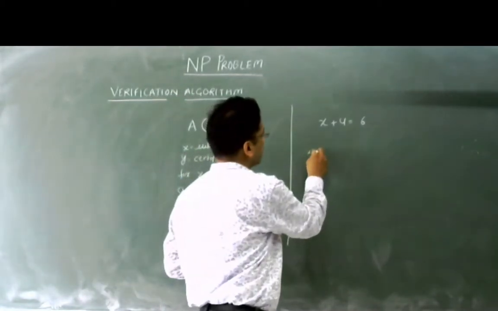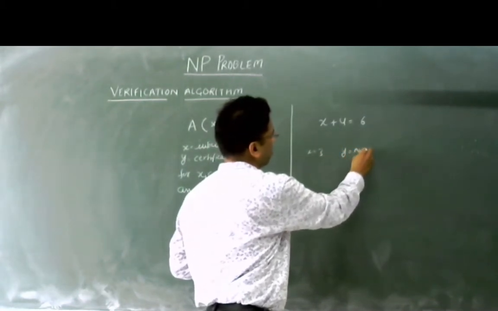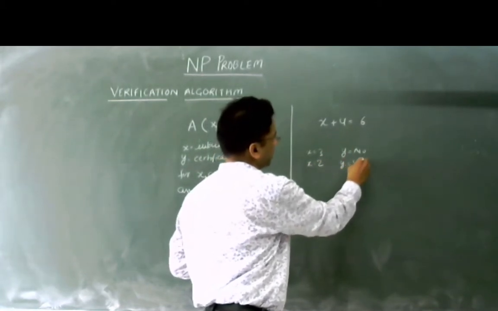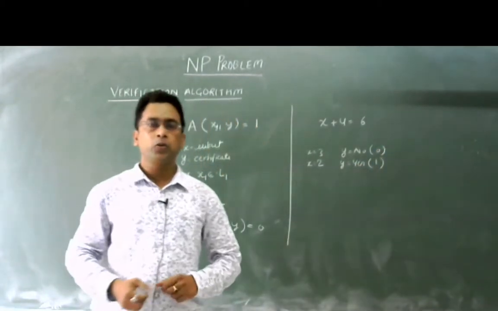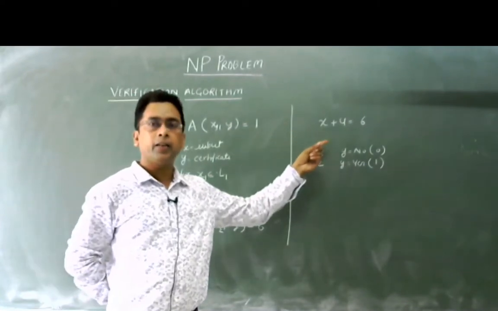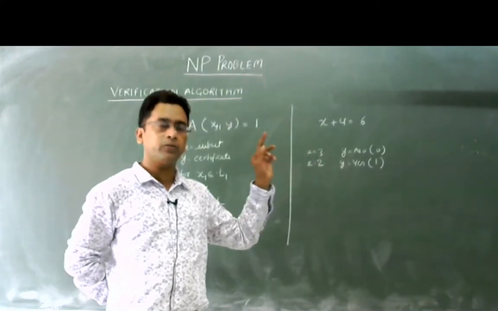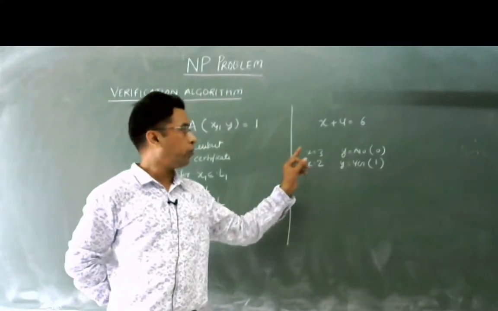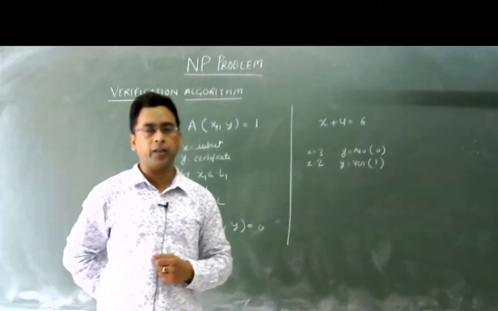If x is equal to 3, then Y would be no. If x is equal to 2, then Y would be yes, and yes would be represented by 1 and no would be represented by 0. So the verification algorithm is the algorithm which generates certificate value 1 for the correct input and a certificate no, or 0, for wrong input. That's why it's called the verification algorithm.